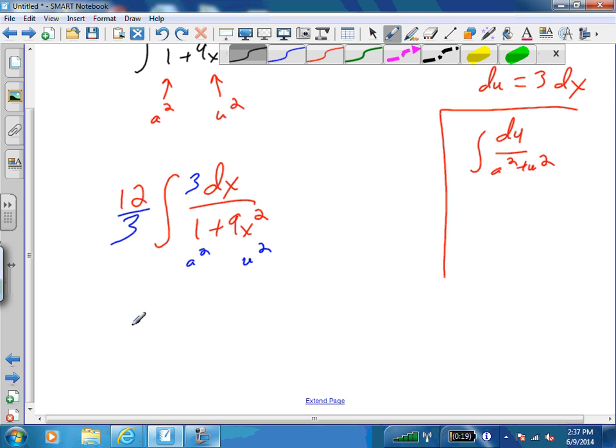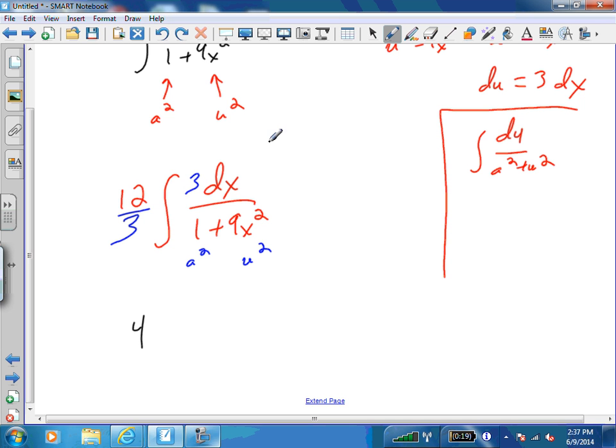So what we have is 4 times the integral of du over a squared plus u squared, which integrates into 1 over a arctangent u over a and then plus c.